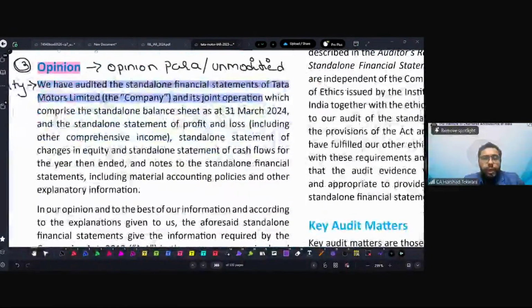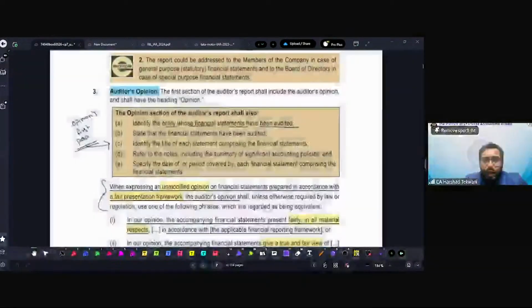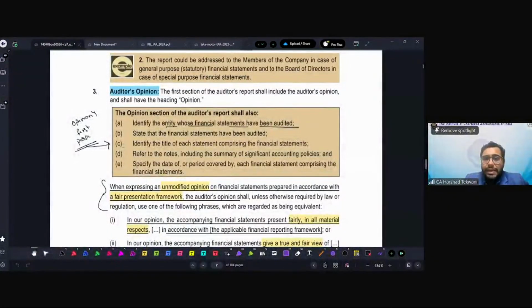Then the next thing we are required to identify is the financial statements.